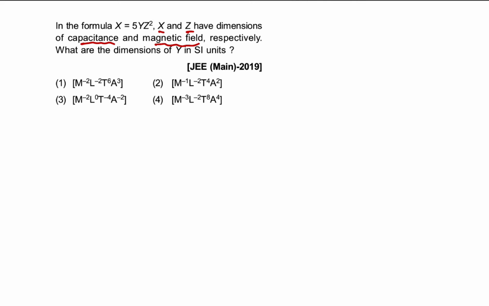You can see in this question, what is the dimensional formula for capacitance? We can see first how to write the capacitance. Capacitance C is equal to charge by voltage or potential difference.